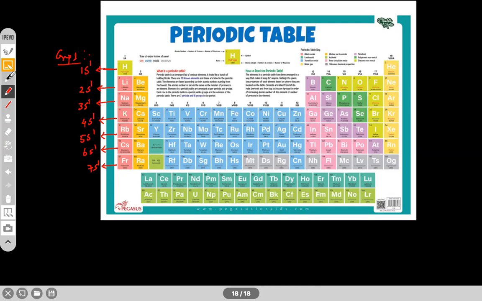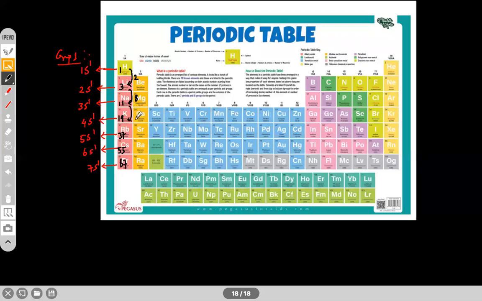For the atomic numbers, you see, hydrogen is 1, this is 3, this is 11, this is 19, this is 37, this is 55, and this is 87. Okay, now if you look at the difference here, it is 2, 3 minus 1, 2. This difference is 8.